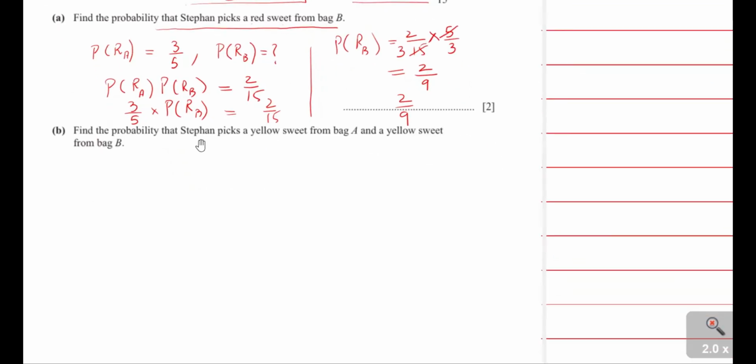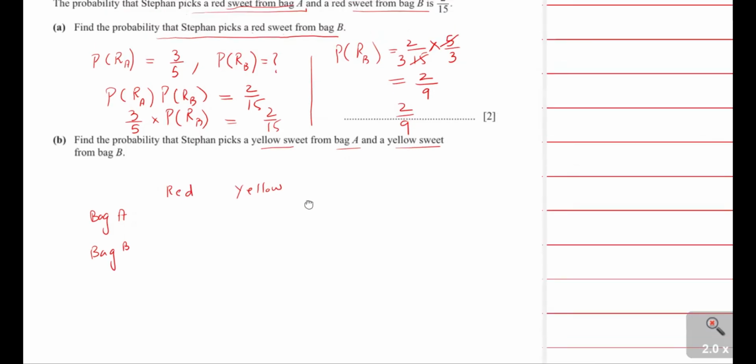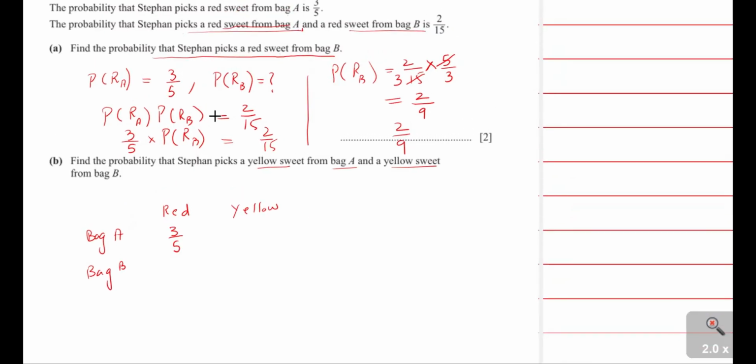Part B, find the probability that Stephen picks a yellow sweet from bag A and a yellow sweet from bag B. Look here, firstly we will mention the red sweet and yellow sweet, and here is bag A, and this is bag B. The probability of a red sweet from bag A is 3 over 5, and the probability of a red sweet from bag B is 2 over 9.